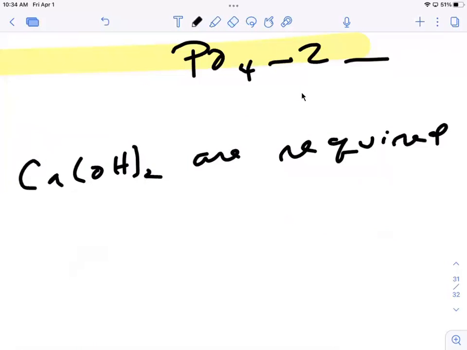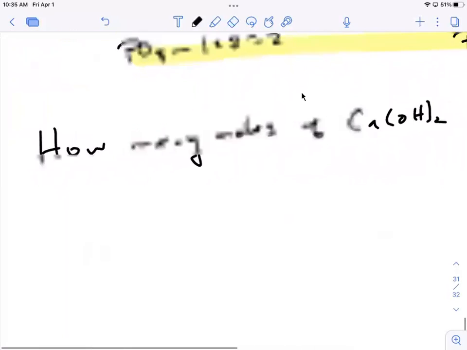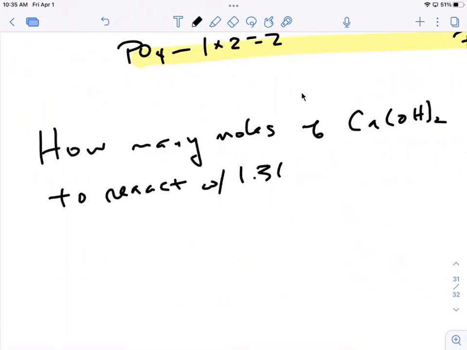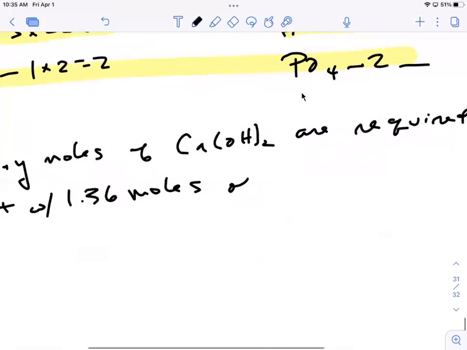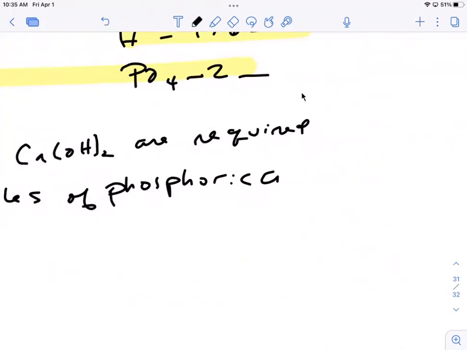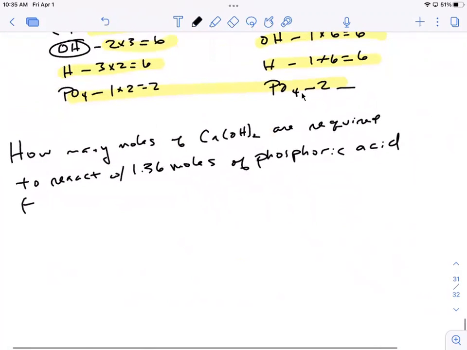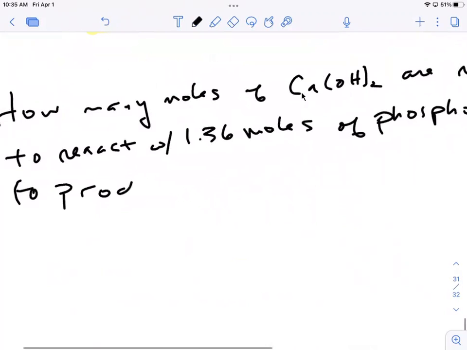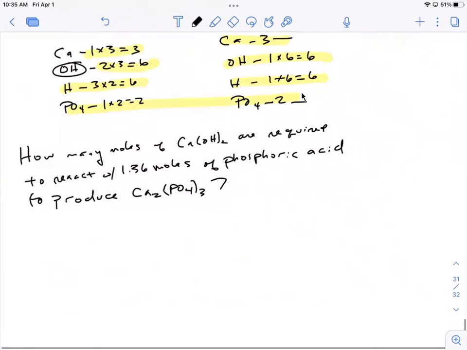Are required to react with 1.36 moles of phosphoric acid. And we're going to go back and read through this problem. All right, so that's the question.